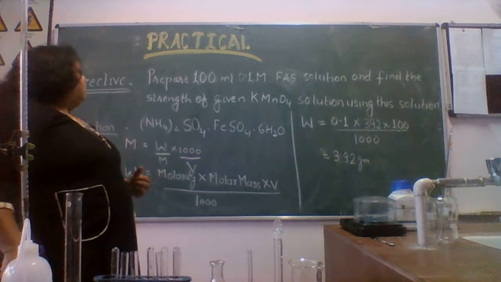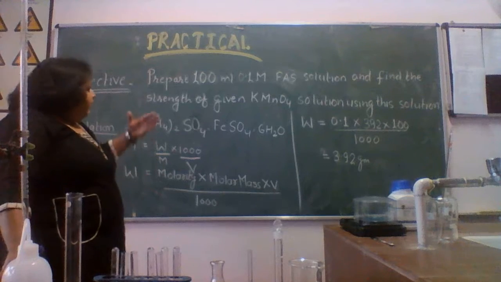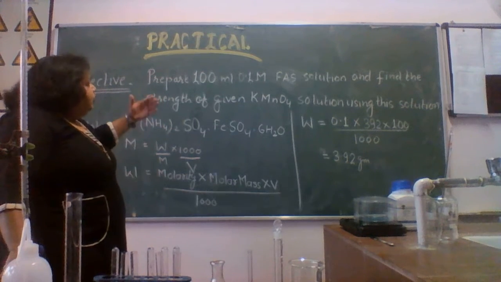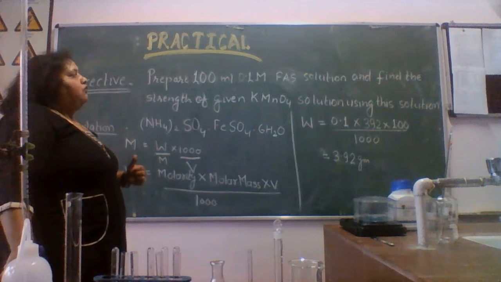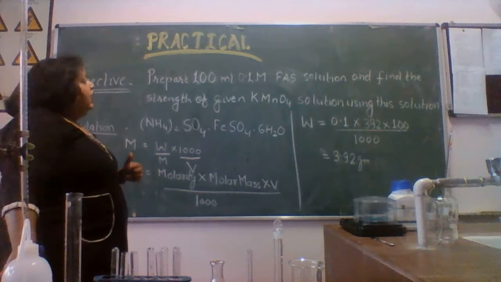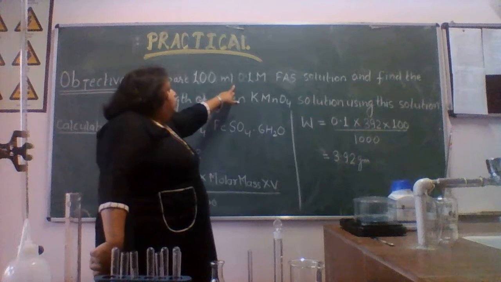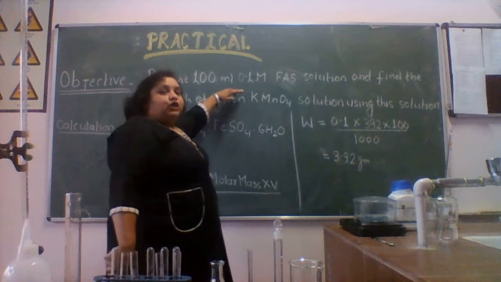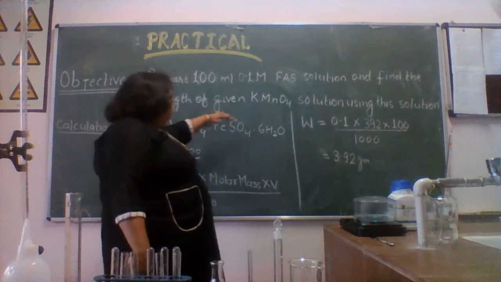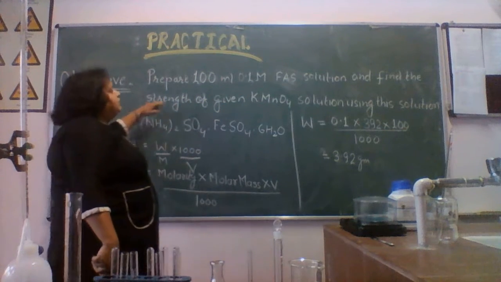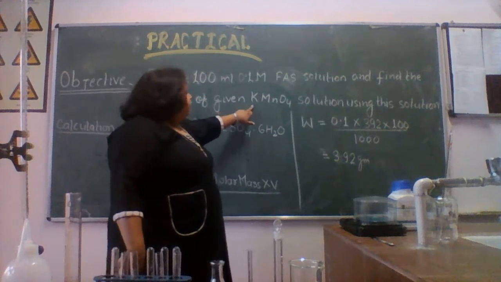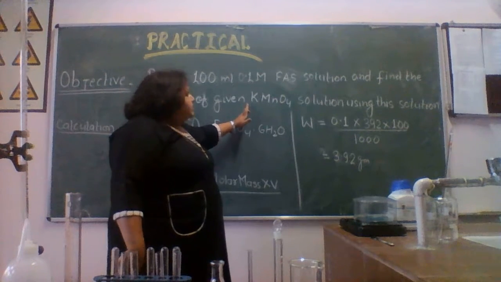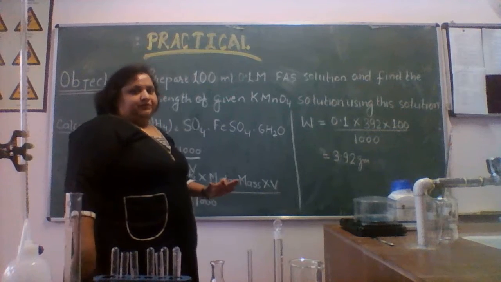For example, in this experiment you prepare 100 ml of the ferrous ammonium sulfate solution and the concentration is known to you, 0.1 molar. So this will be the known or standard solution. The second solution, of which you have to find the concentration, is the KMnO4 solution, and this is the unknown solution.